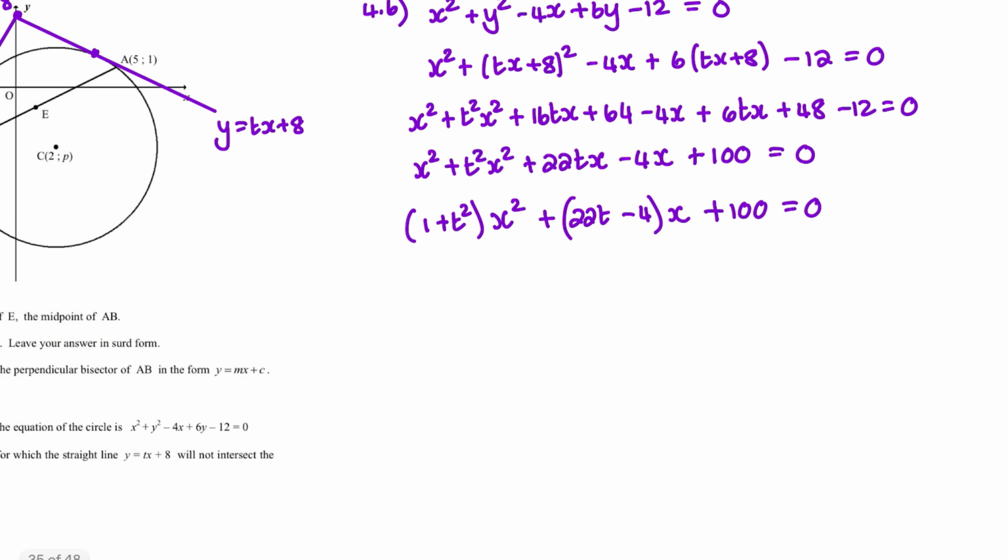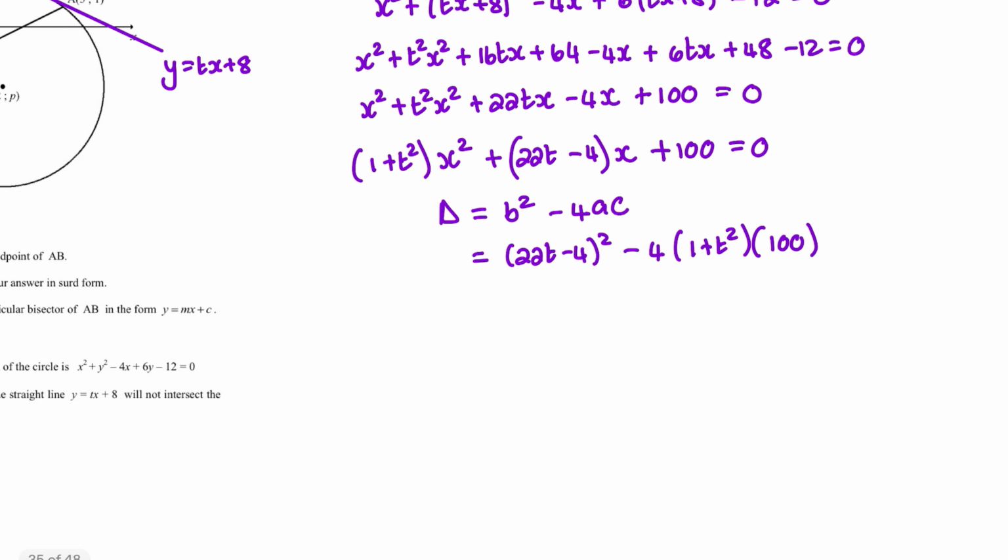So for delta, we have b squared minus 4ac. Now b is 22t minus 4 squared, minus 4 times a, which is 1 plus t squared, times c, which is 100. And we'll make delta smaller than 0.